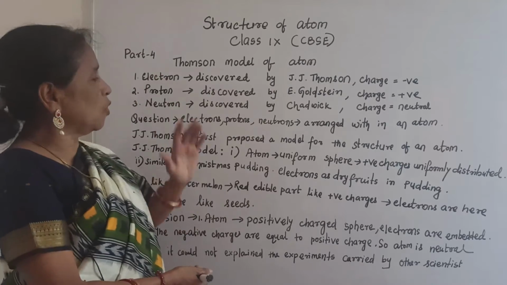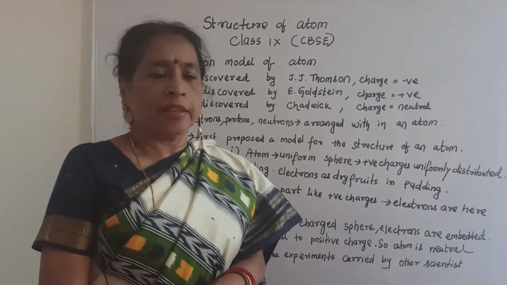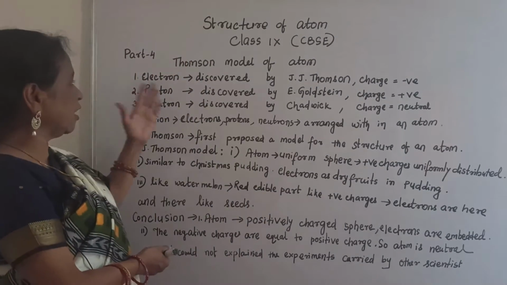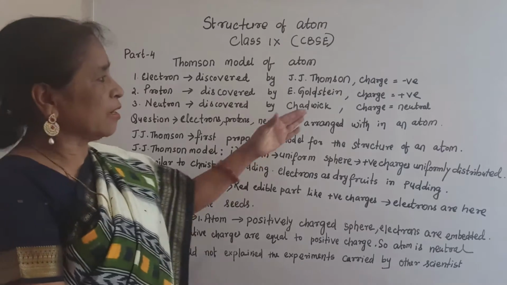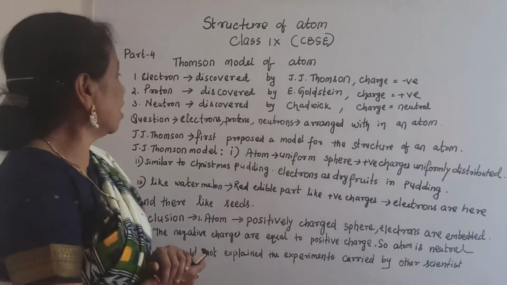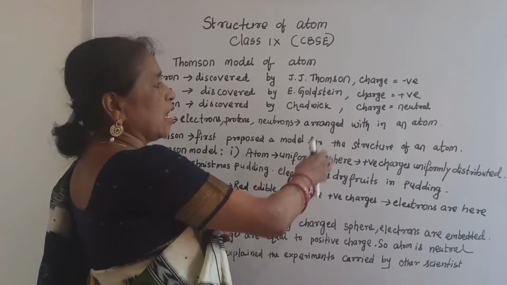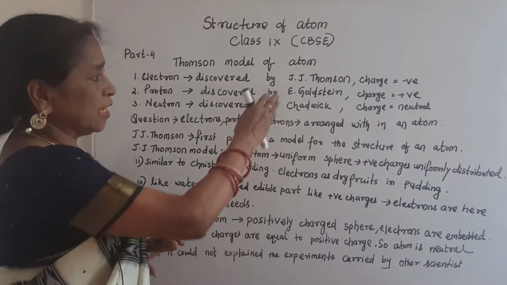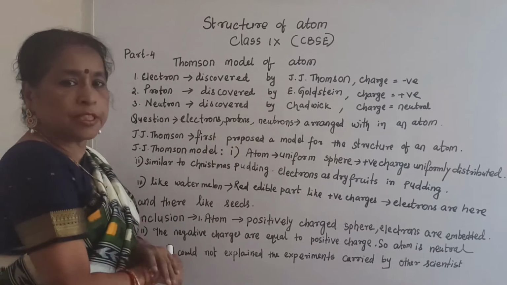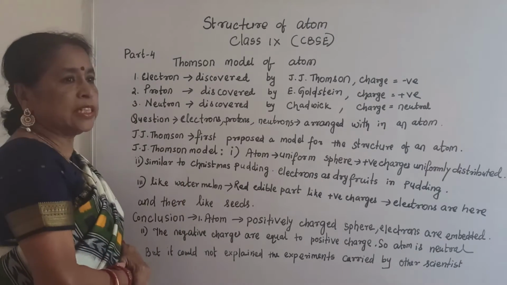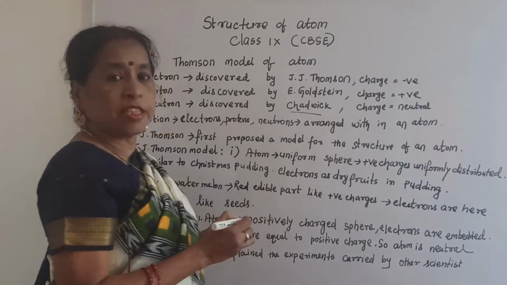The question is, why is the Thomson model of atom required? Actually, what happens when the electron is discovered by the scientist J.J. Thomson, having negative charge, and the proton discovered by E. Goldstein, the charge is positive. And the neutron discovered by the scientist Chadwick, the charge is neutral.